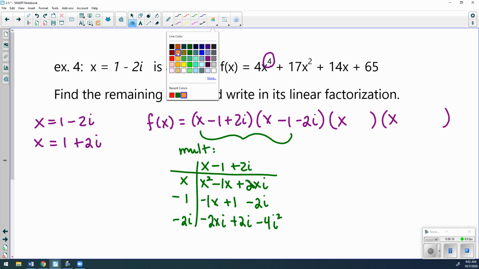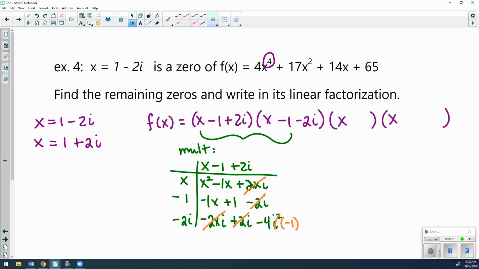I can cancel out 2xi and negative 2xi, negative 2i and positive 2i, and I know that i squared is negative 1, so this becomes positive 4. Before it was factored, it used to be x squared minus 2x plus 5.